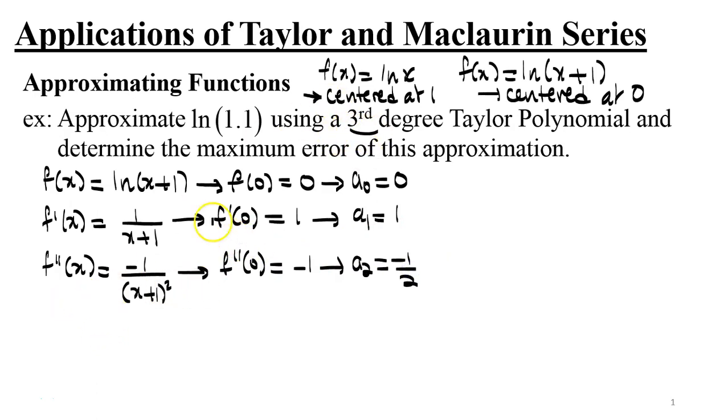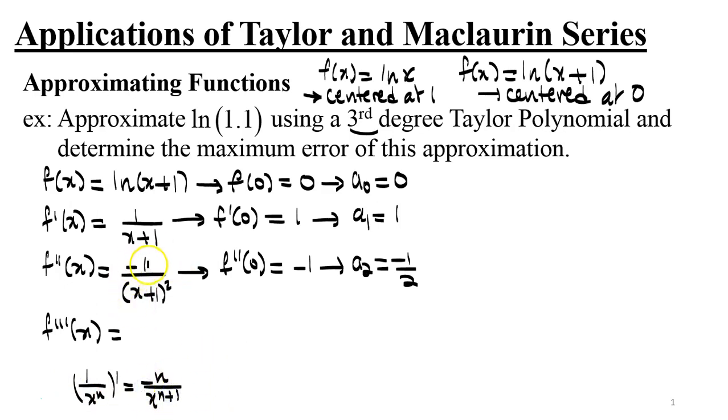Now, they want the polynomial to the third degree, so I still have one derivative to find. So this is in the form 1 over u to the n. Now, just recall that functions in the form 1 over x to the n have a derivative of negative n over x to the n plus 1.